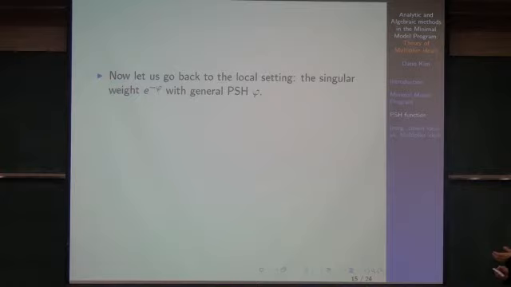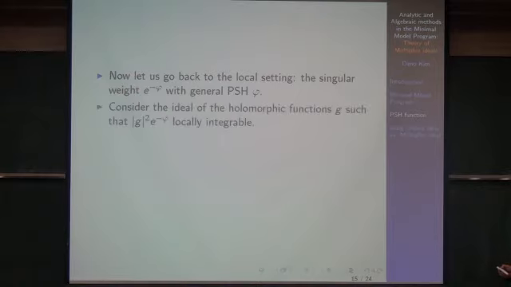But this again shows the difference between general PSH functions and algebraic PSH functions. First, we just want to generalize the notion of multiplier ideal to this general case of PSH function.